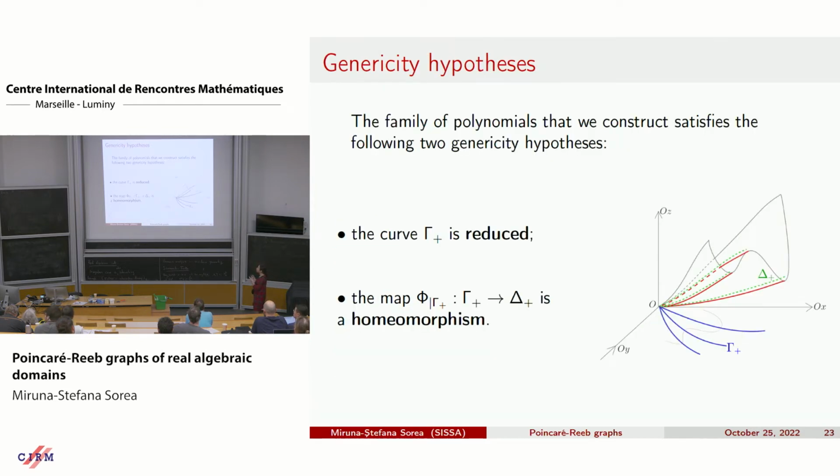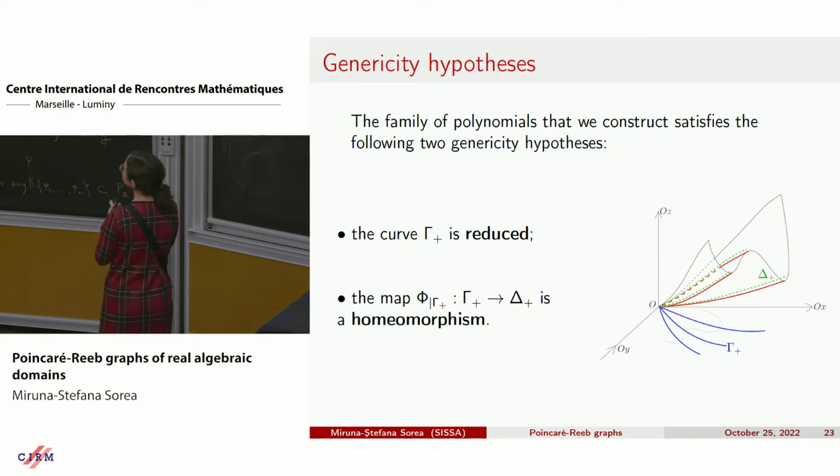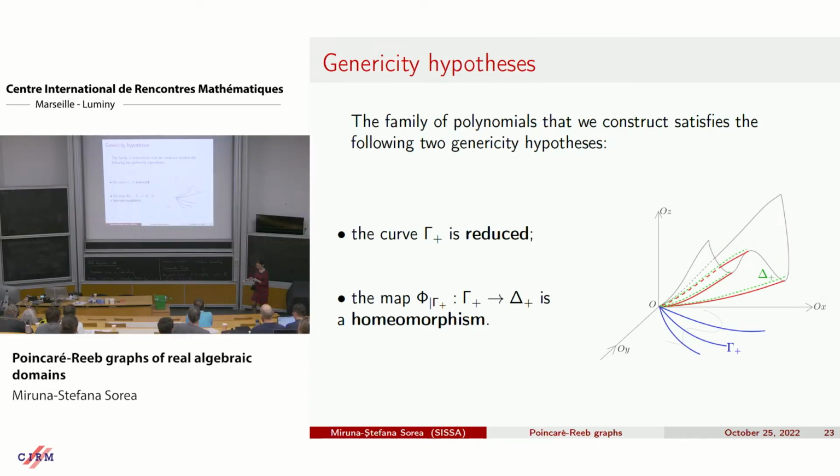And this genericity hypothesis I mentioned before can be also explained in terms of the polar curve and the discriminant curve and the interplay between these two. So remember, we wanted to avoid vertical inflections on the levels, and this is equivalent to the fact that the polar curve is reduced. Here, okay, we just look at the positive x for now. Starting from now, we just focus on the side of the semi-plane x positive.